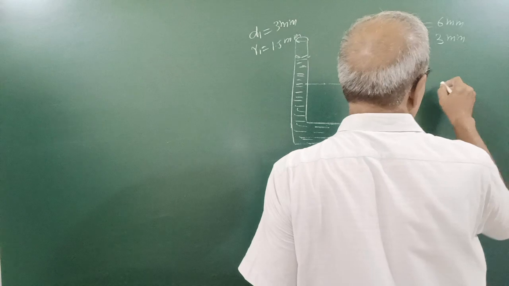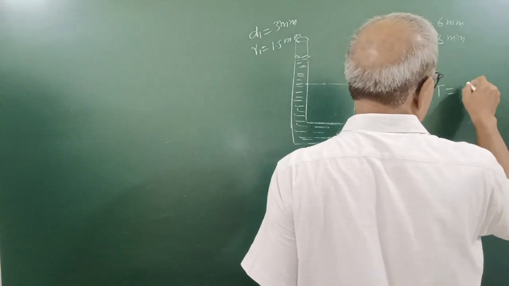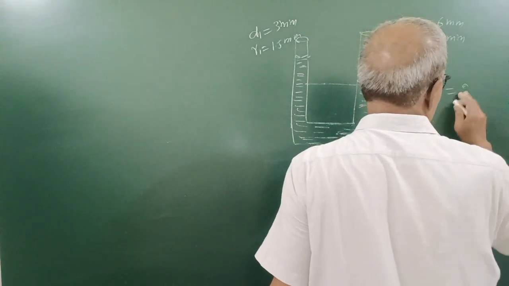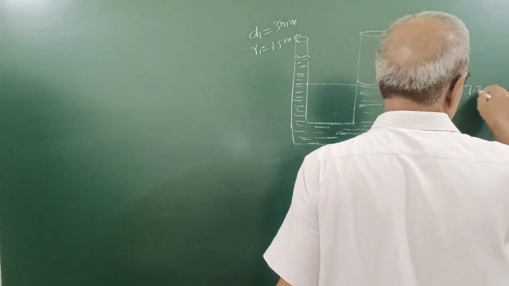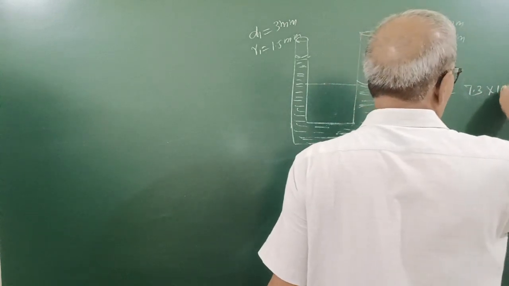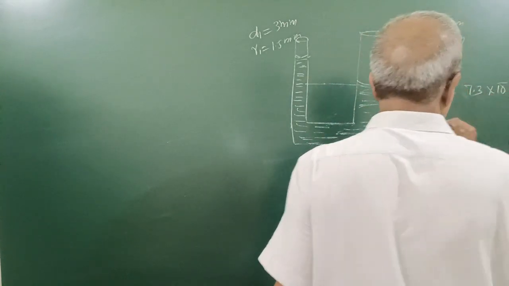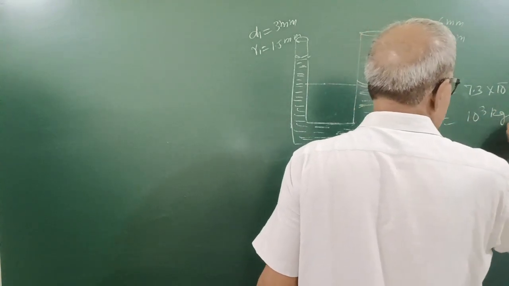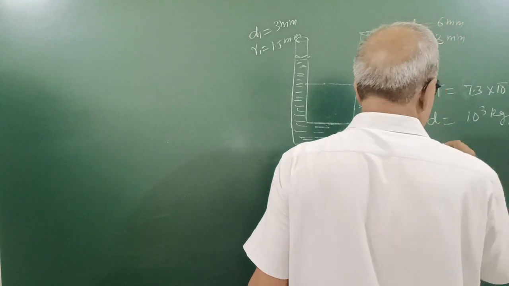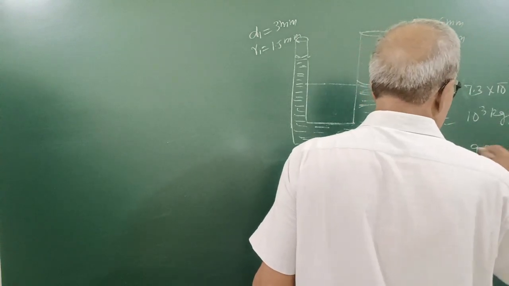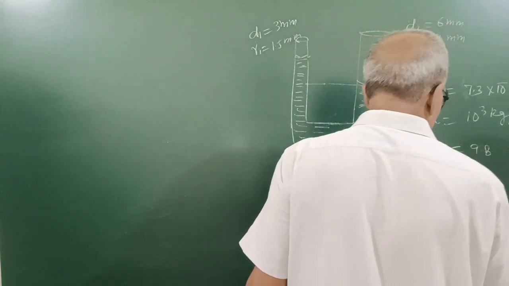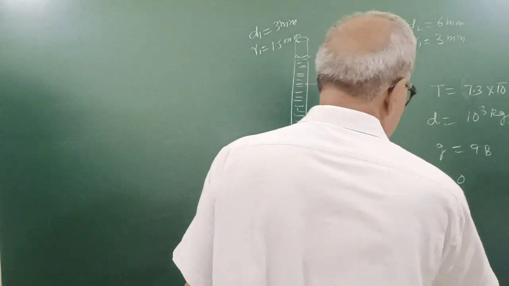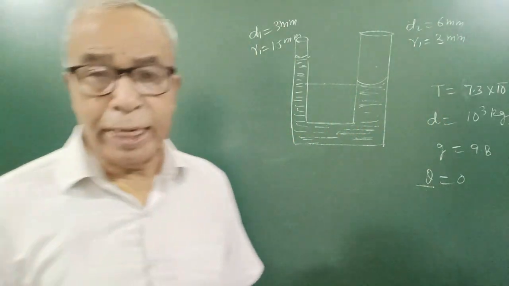Surface tension of water is 7.3 into 10 to the power minus 2. Density of water is 10 to the power 3 kg per meter cube and g is 9.8. Angle of contact theta is equal to 0.